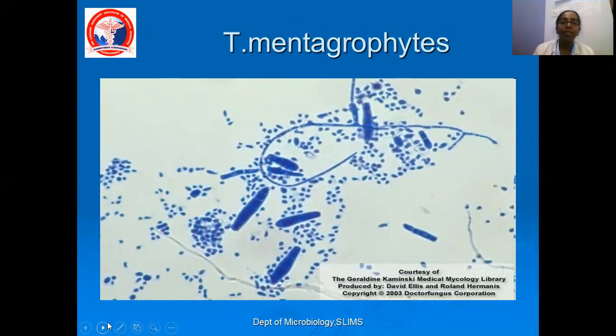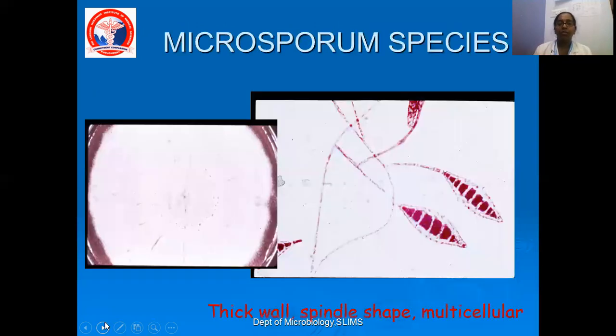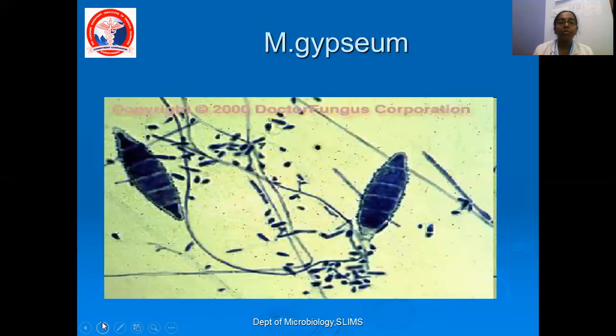In Trichophyton rubrum, you can see many microconidia. Spindle-shaped macroconidia are seen in Microsporum species, and in Microsporum gypseum also we can see this spindle shape.